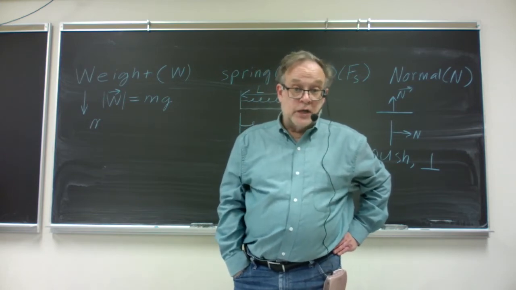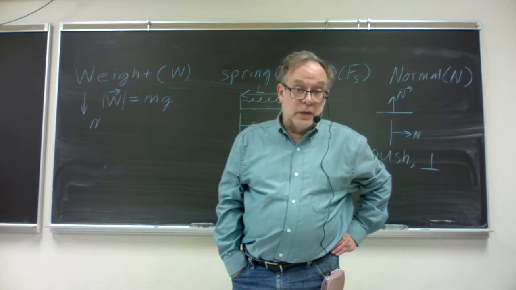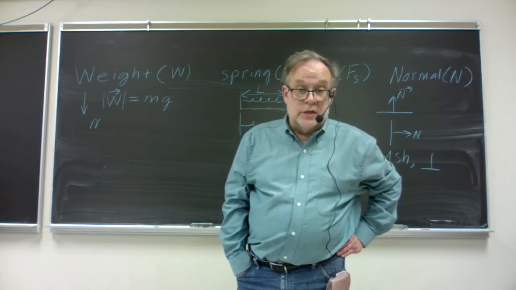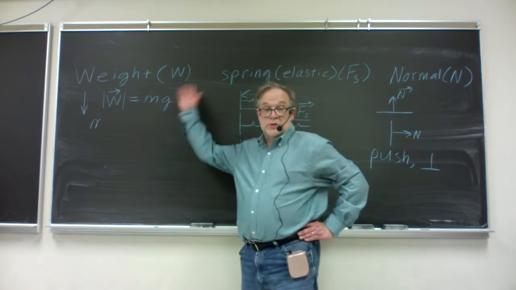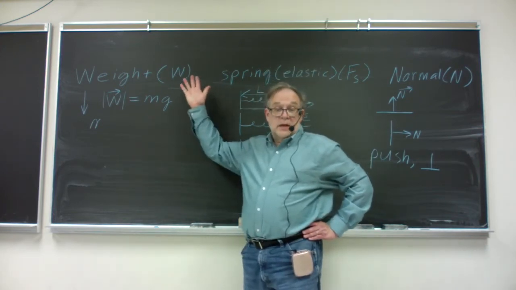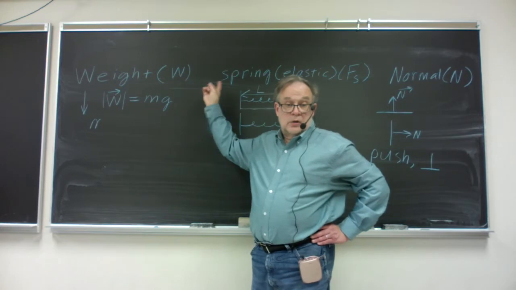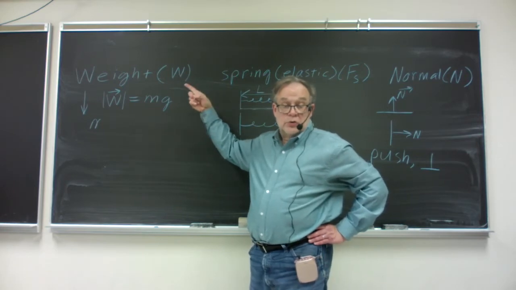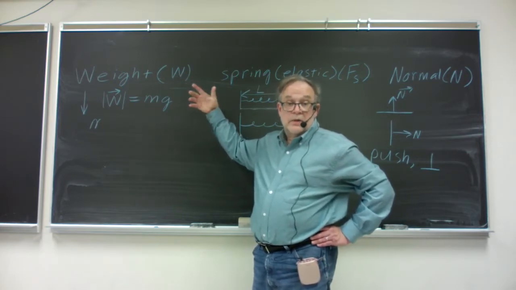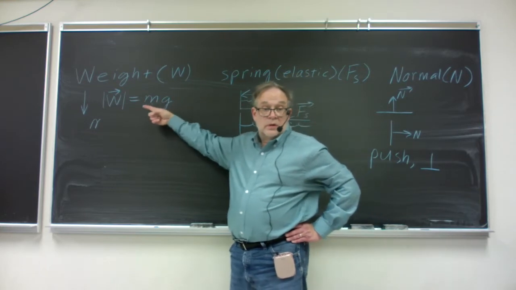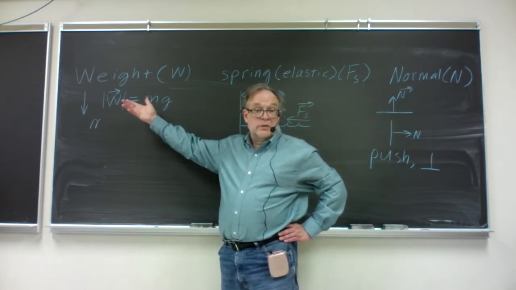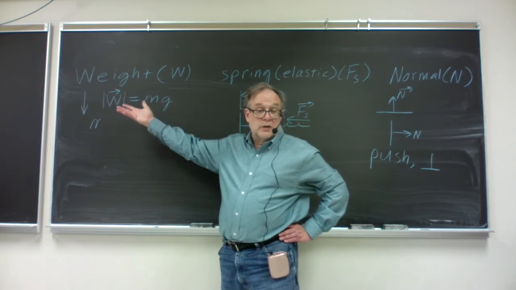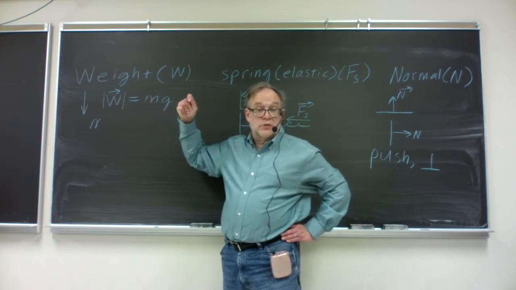So, first kind of force, one that we've already talked about, the gravitational acceleration from the Earth, also known as weight. And I'll just always use the variable W to refer to weight. The weight is always a force that points down, or more precisely, it points toward the center of the Earth. It's a pull towards the center of the Earth.